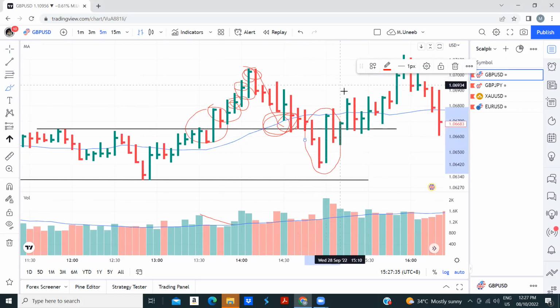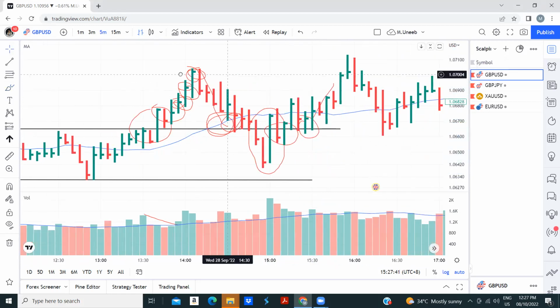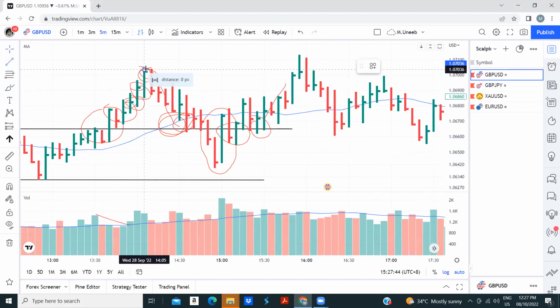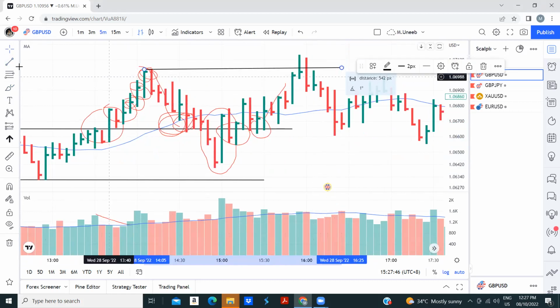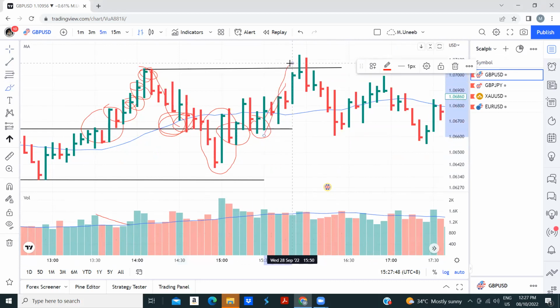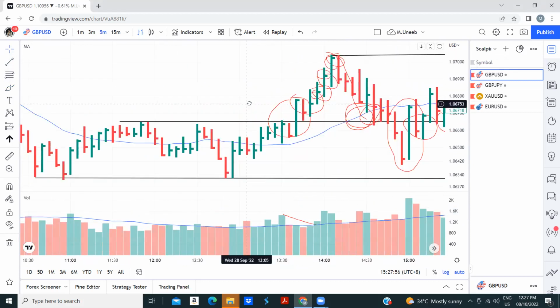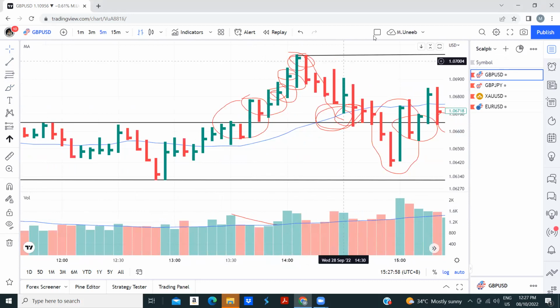We shifted up, and then we wait for the test here. This test here and this test here, both are all right to take the position to the upside. Now we wait for this cycle here. What do we see here? The price went up, yes, volume also increased, but what happens here? Got it?